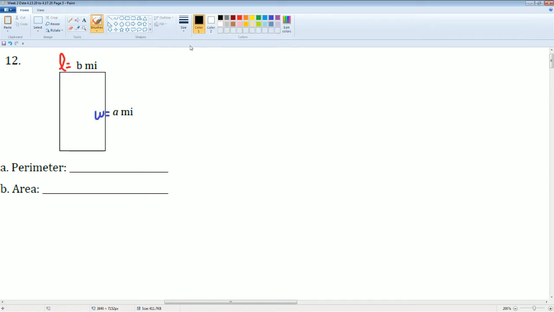Let's write down our formula. The perimeter for a rectangle is 2 times the length plus 2 times the width. Make the substitution here: 2L is 2 times b plus 2W is 2 times a.